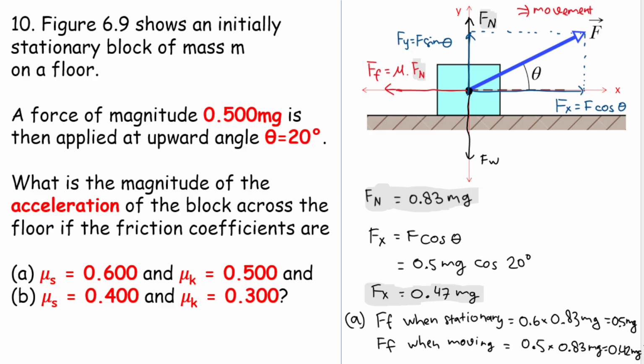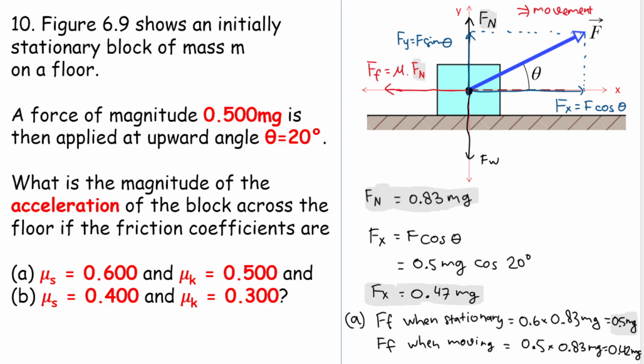Now let's see here. Because the horizontal force here, 0.47 mg, is not greater than this, this force cannot push this block against the frictional force.